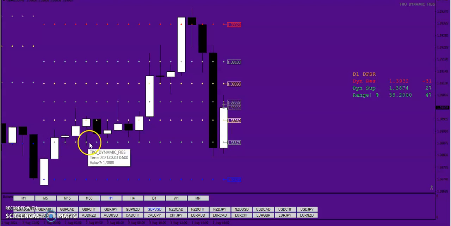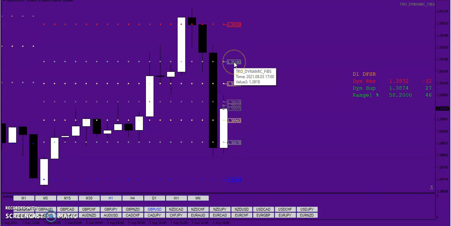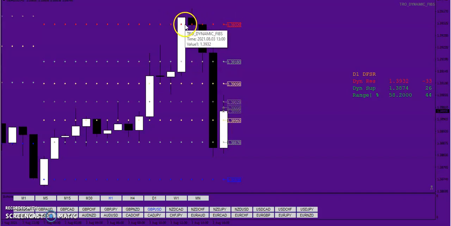And so you can see how price waffled around but didn't break through and hold this 23% level. And then it went up to the 38% level, did a retrace, tried it again, then shot all the way up to the 77% level, and then didn't hold it, and then shot across yesterday's high, and then came back down, and it's come all the way back down to the 23% retrace.